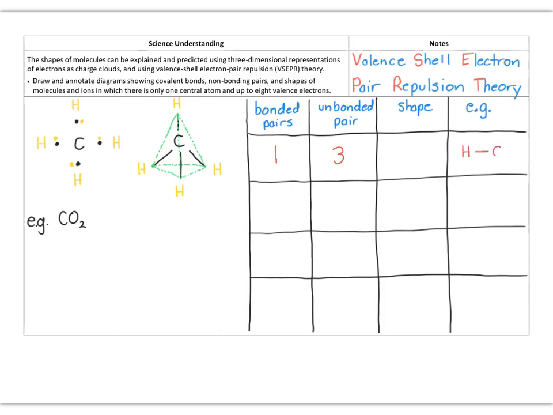We won't worry so much about the hydrogen, although we know that's going to have 2, but the chlorine would have 7 electrons. 1 of those electrons would be in this bond, 1 from hydrogen to give it 8. So the chlorine would have 3 unbonded pairs of electrons, and then there's 1 bonded pair in this bond. Now the shape of that, it's only got 2 elements, so the shape of that would be linear.